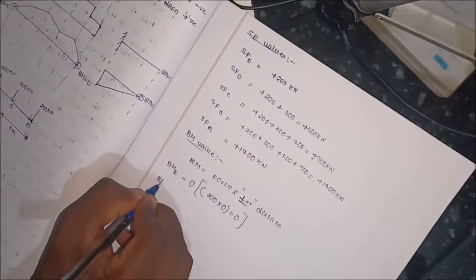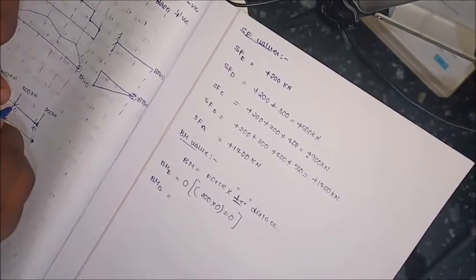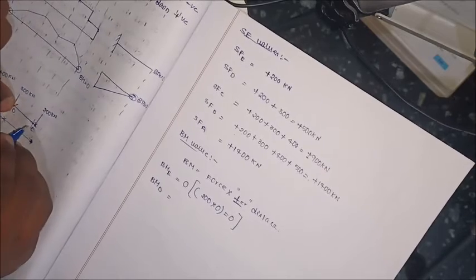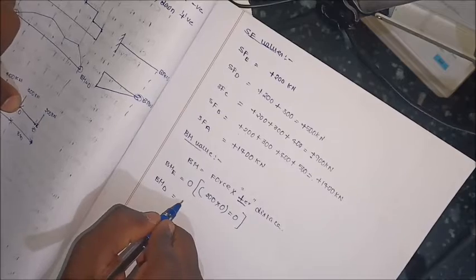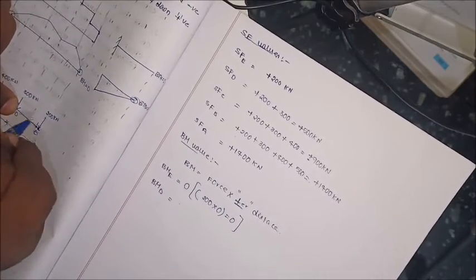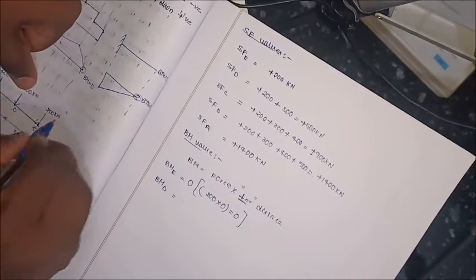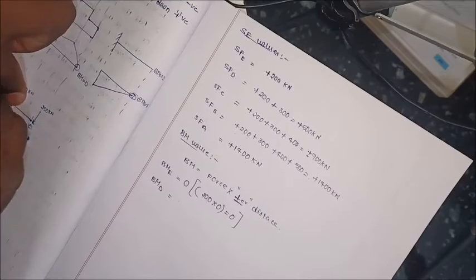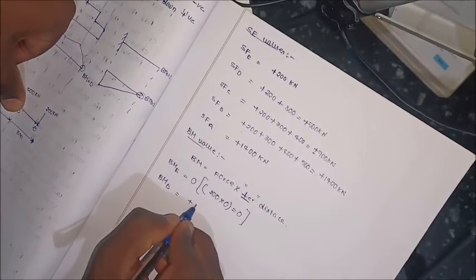Next, bending moment at D. At D, the bending moment due to these 2 point loads is force into perpendicular distance. Take the cantilever convention: clockwise is positive and anti-clockwise is negative. Due to this clockwise load, the bending moment will be positive.